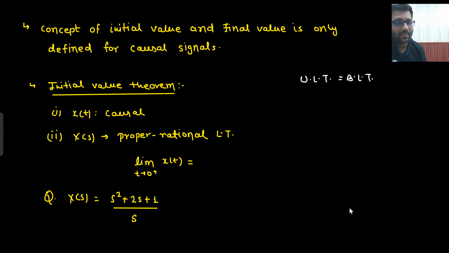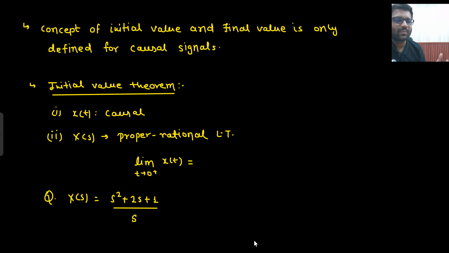So if you are calculating a Laplace transform, that would be the unilateral Laplace transform only, which is equal to the bilateral Laplace transform, and the ROC will be to the right of the rightmost pole, right? That's why the initial value theorem and final value theorem are always taught after the unilateral Laplace transform, because they are applicable for causal signals, and causal signals have the same unilateral and bilateral Laplace transform.